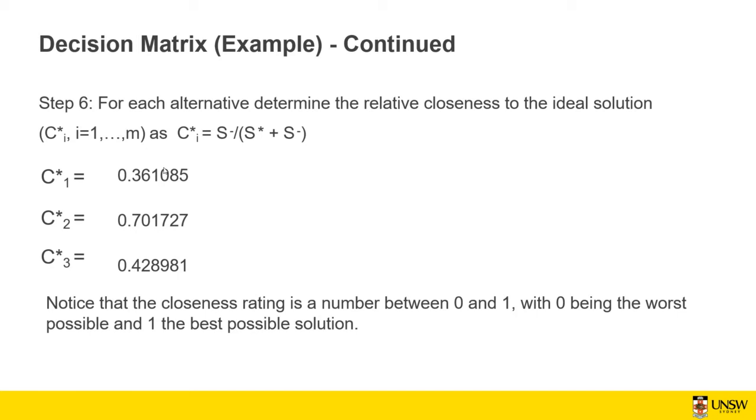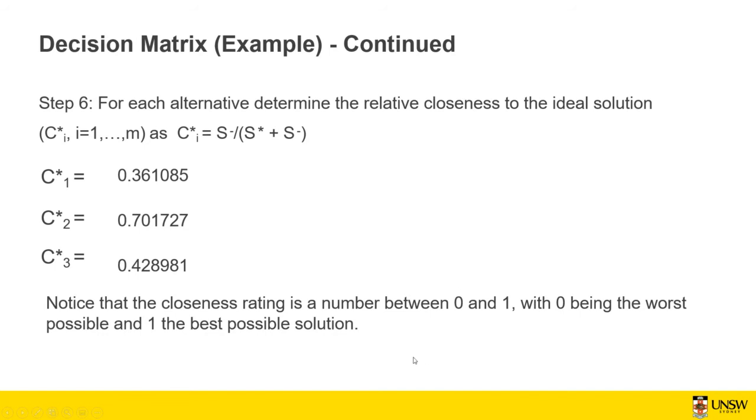It's a different thing. So for C1 star, it's going to be S minus 1 divided by the sum of S star 1 plus S minus 1. When you calculate it, you get C star 1 as 0.36. For C2 star, you got 0.7, and for C3 star, you got 0.42.